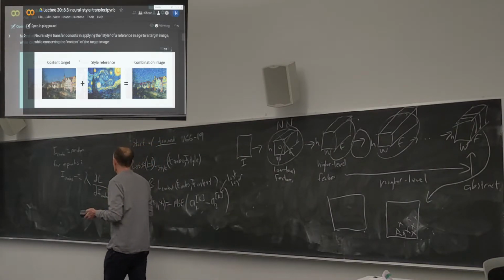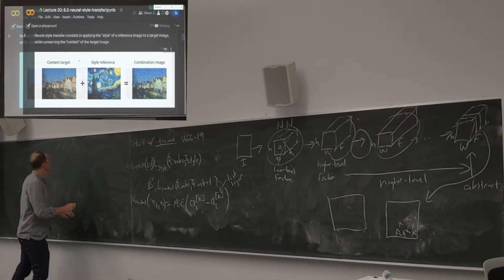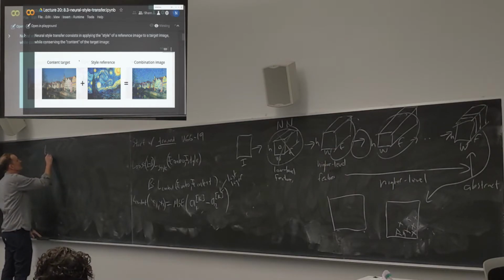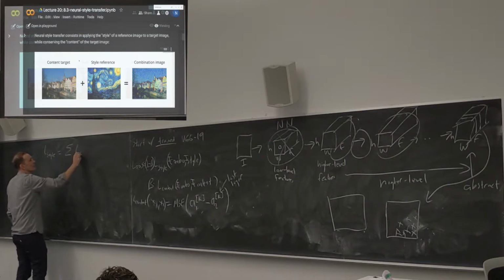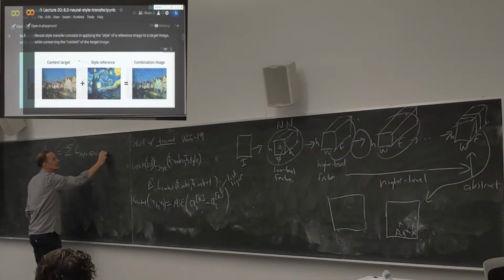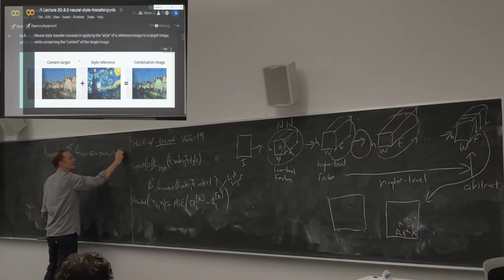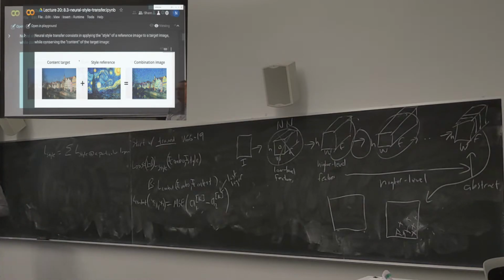So for the style, loss of style equals the summation of loss style at a particular layer. And we'll define which layers we want. We'll just pick them out. Okay, so our problem is infinitesimally easier now because we just have to deal with one layer.